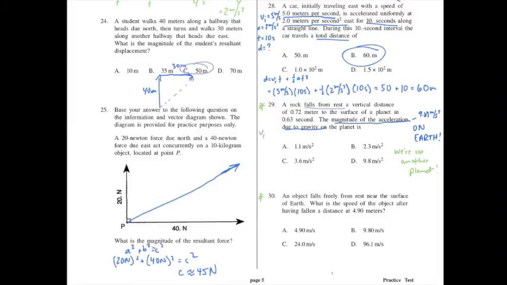A rock falls from rest a vertical distance of 0.72 meters to the surface of the planet in 0.63 seconds. Our initial velocity is 0 meters per second if you're dropping it, distance is 0.72 meters, and time is 0.63 seconds. We're looking for a. So you can use the formula like in 28: d is equal to vit plus 1/2 at squared.